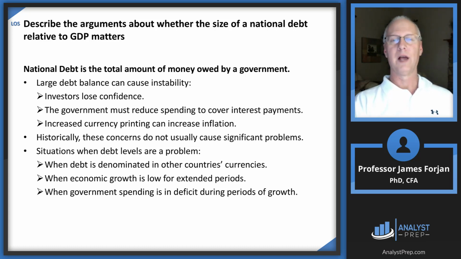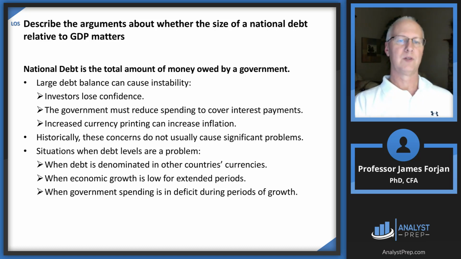A number that when I say it, it's really hard to wrap your head around, let alone your arms or your fingers. We're pushing $21 trillion here in the United States of national debt. And so it sounds to me that the size of the national debt matters. But what matters more is its size relative to the size of the economy, to GDP, which is right about $20 trillion here in 2018 as well.